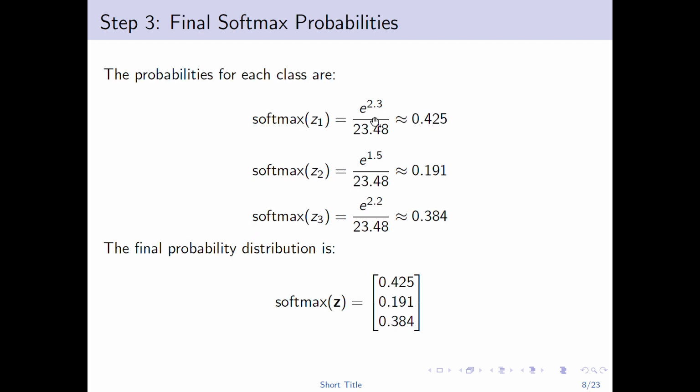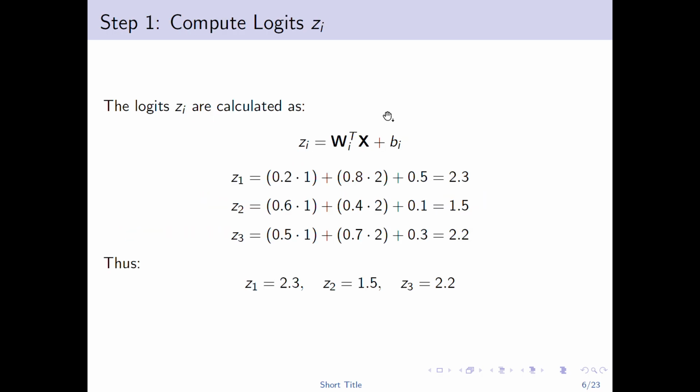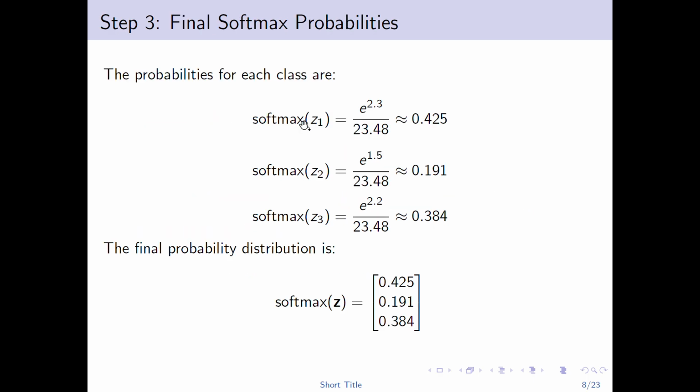So softmax of Z1 is equal to e raised to 2.3, since Z1 was 2.3, divided by 23.48.